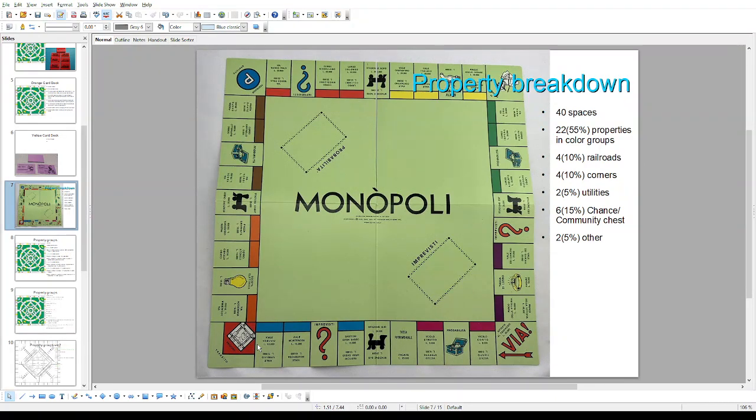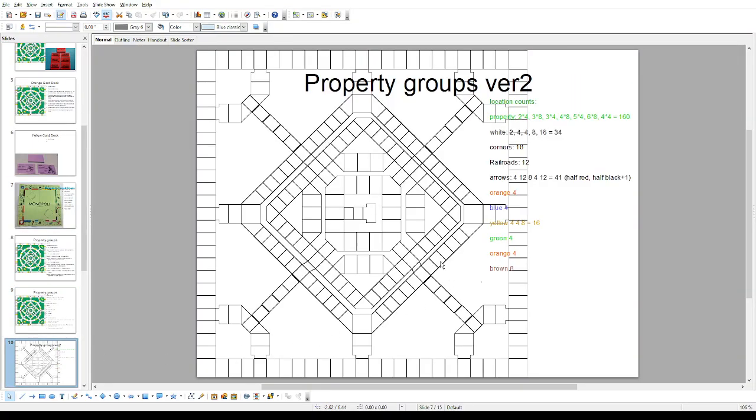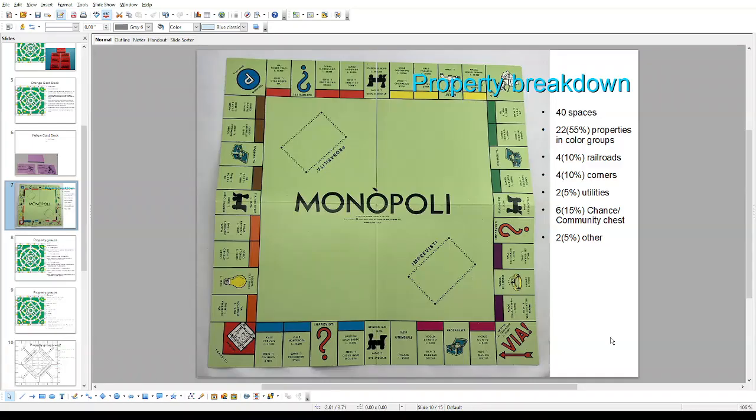And, I mean, by that logic, I'm going to leave this out of most of it because this is where I decided to put the jail. Anyway, so 40 spaces, 22 of which are properties that are part of color groups, which 22 out of 40 is 55% of the board space.